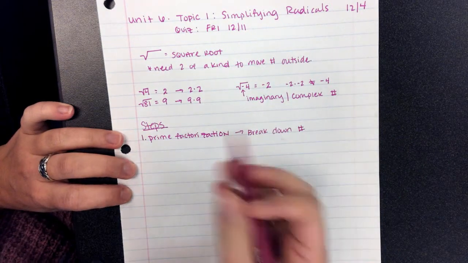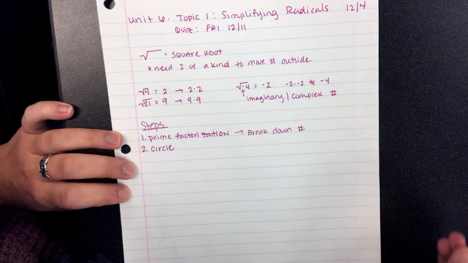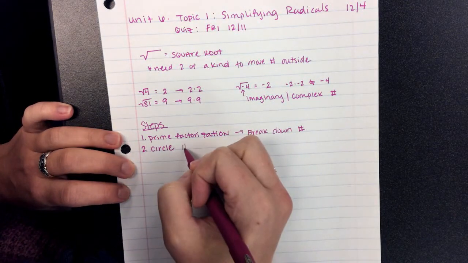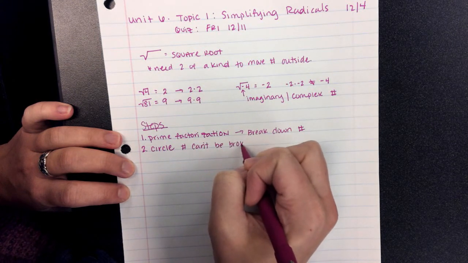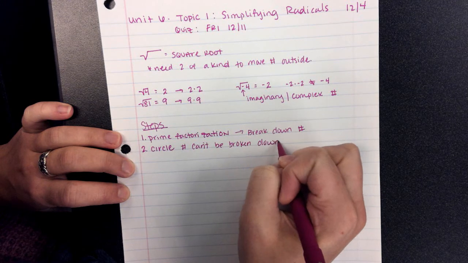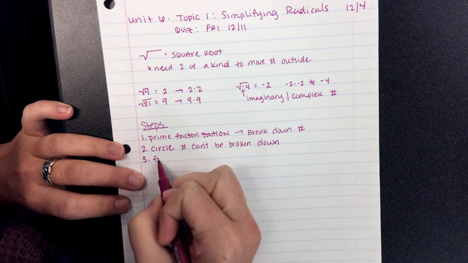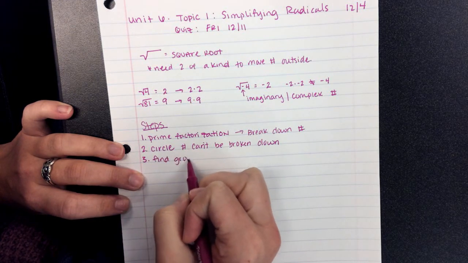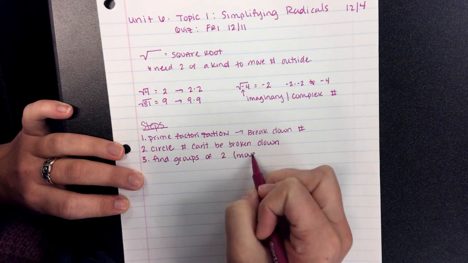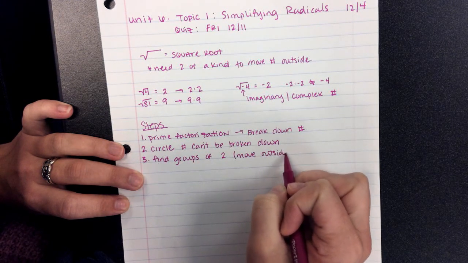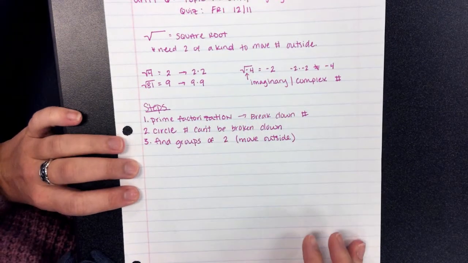Step number 2, I like to circle, some people will underline, the numbers that can't be broken down. Step number 3, find groups of 2. Groups of 2 move outside. So, let's go do some examples and see if it makes sense.